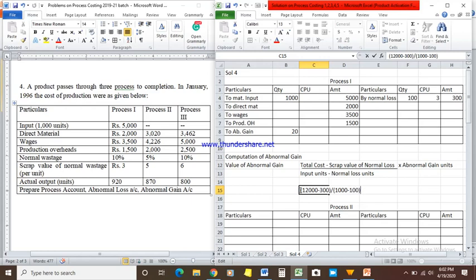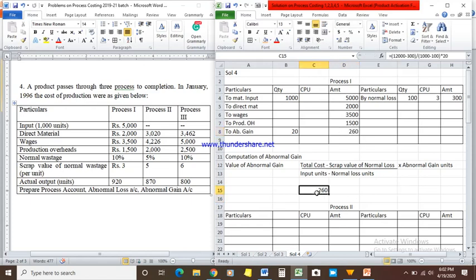So this whole answer needs to be multiplied with the abnormal gain units, that is 20 units. So we get 260 rupees. It's not the cost per unit, it's a total amount, that is 260.